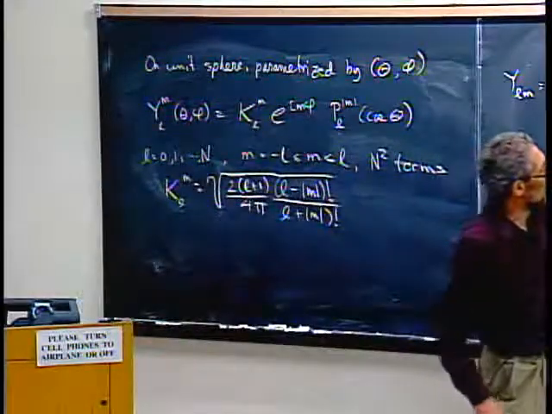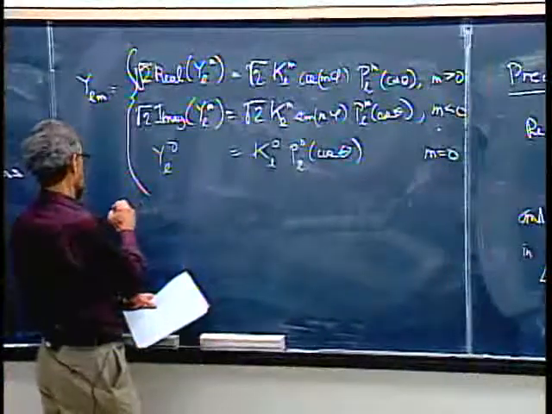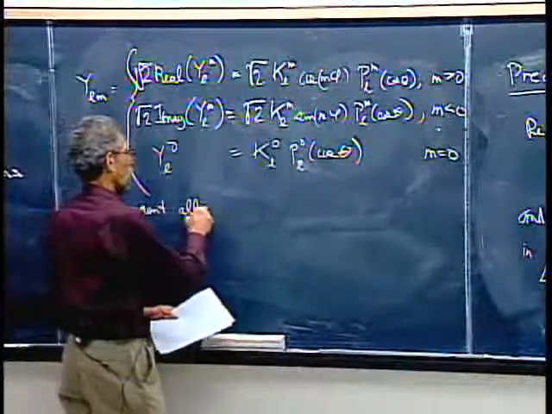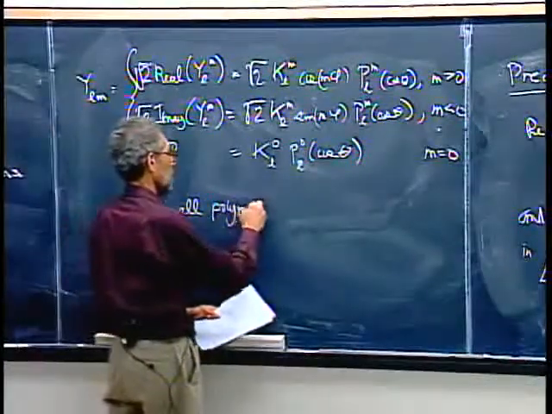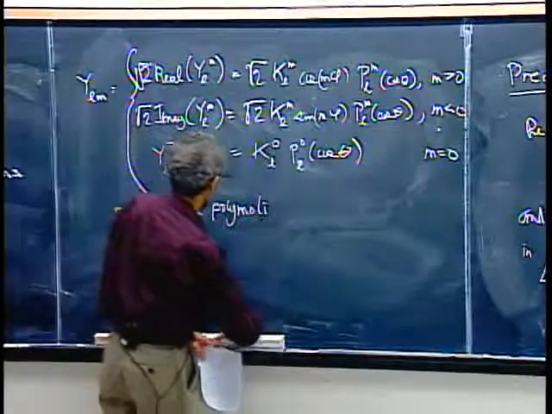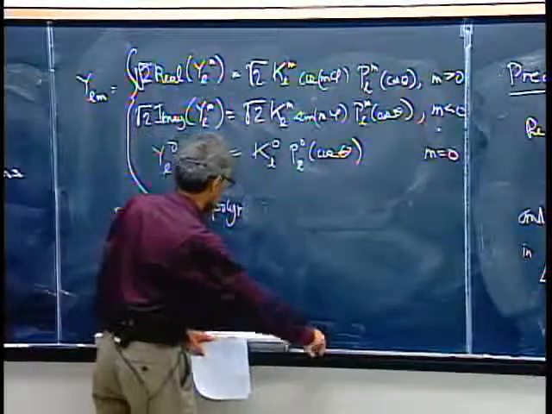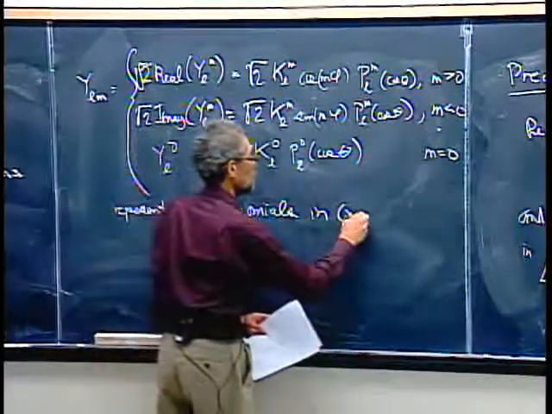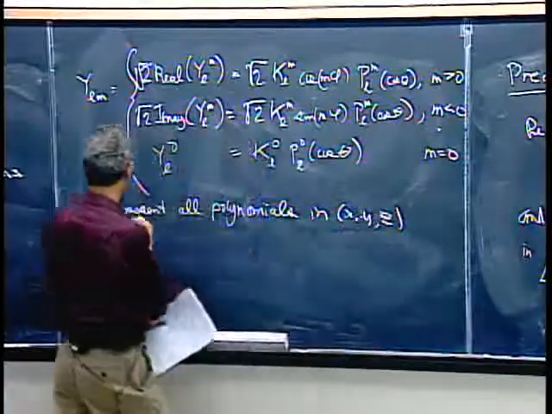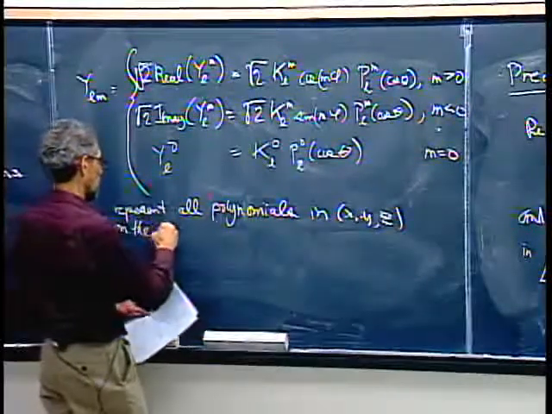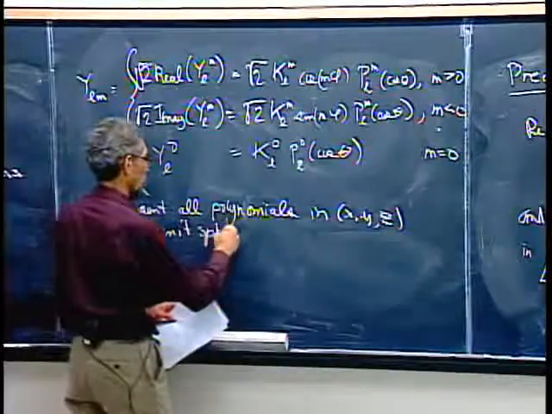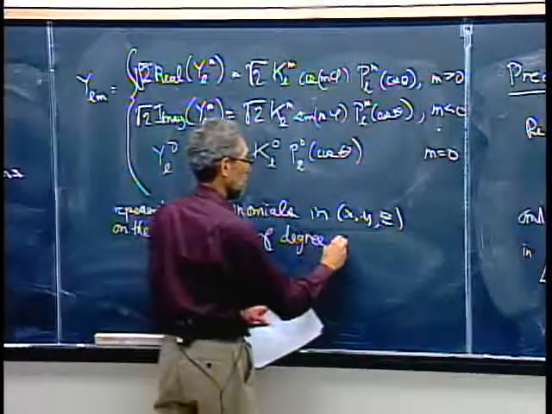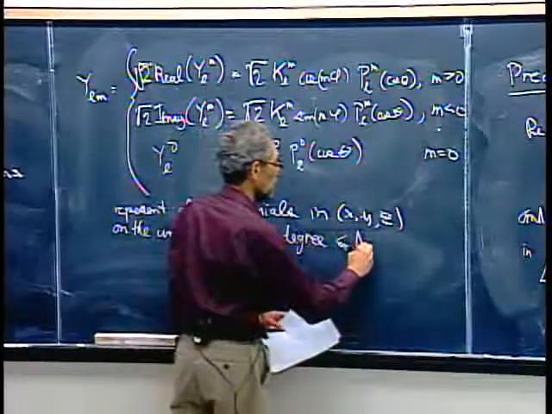So it turns out these represent all polynomials in x, y, z on the unit sphere of degree less than or equal to the maximum n.